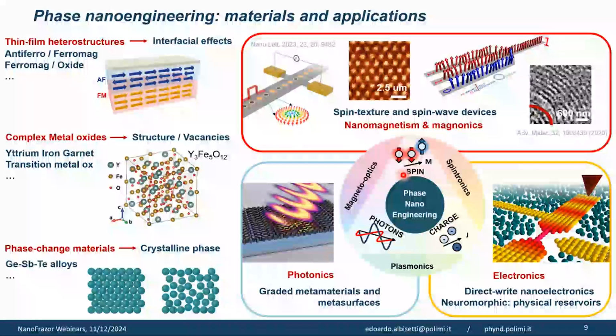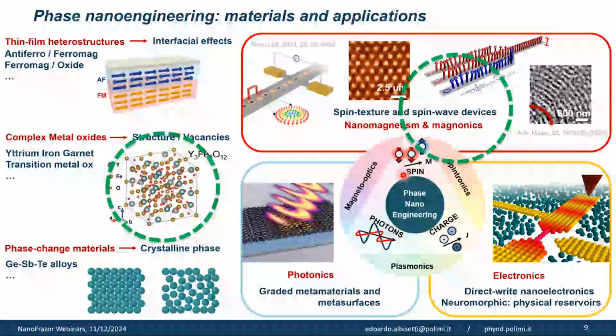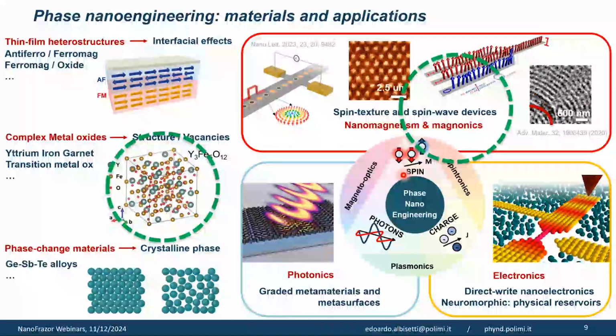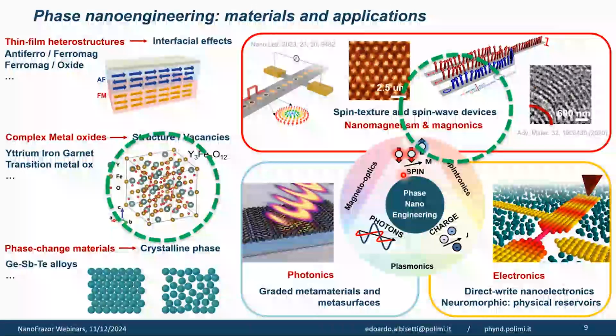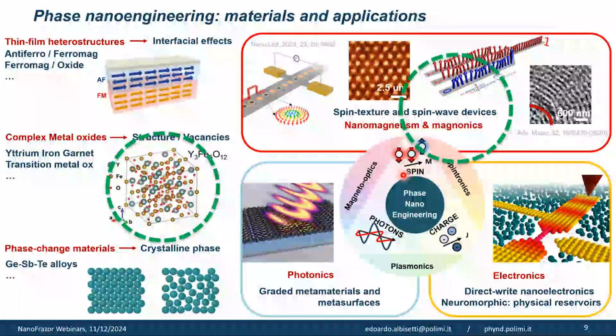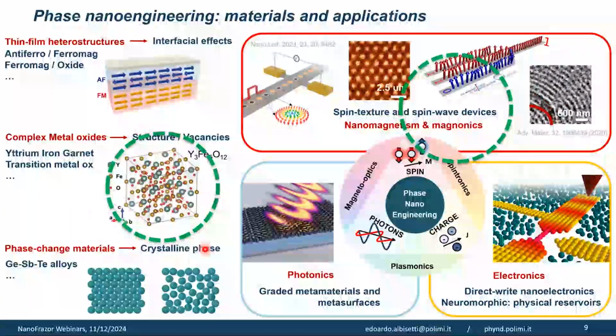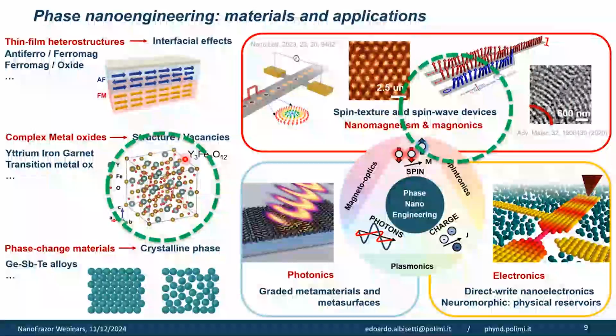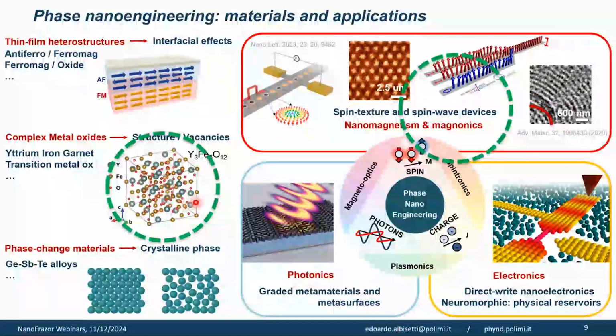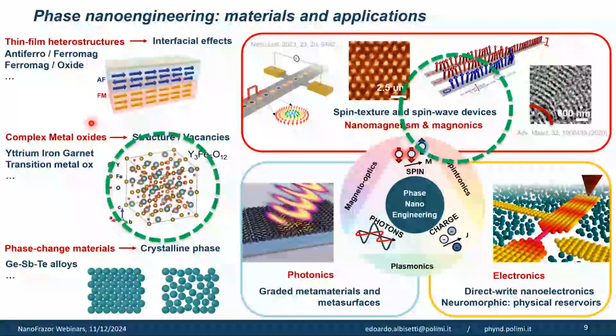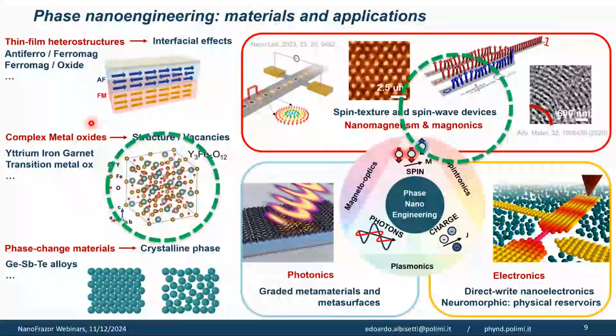So in the next part of the talk, I will focus on magnetism, in particular on the dynamics, so on spin waves, and on spin waves in particular in this material called yttrium iron garnet, which is a complex oxide. And I will show you some recent results that we had on this.